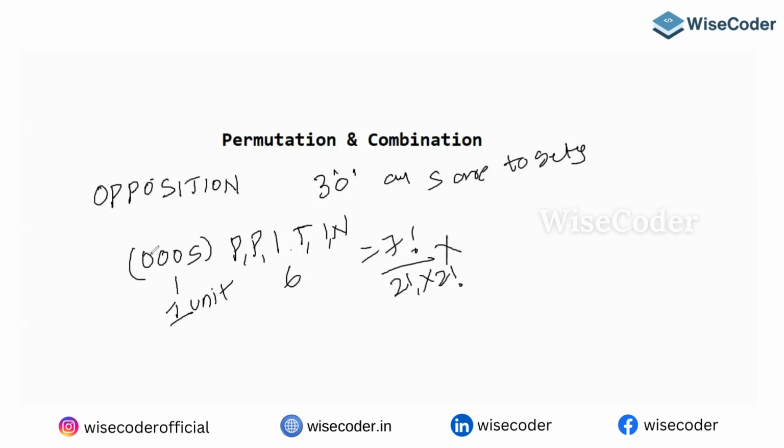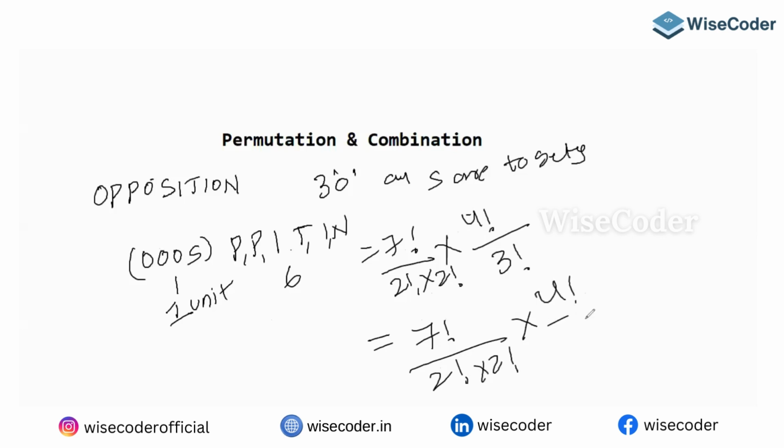And into OOOS. The group of 3 O's and 1 S can be arranged among themselves, so that is 4 factorial, divided by 3 factorial because 3 O's are repeating. So the total number of arrangements is 7 factorial by 2 factorial into 2 factorial, into 4 factorial by 3 factorial. Whenever there is a condition, first respect the condition: 3 O's and S should be together.